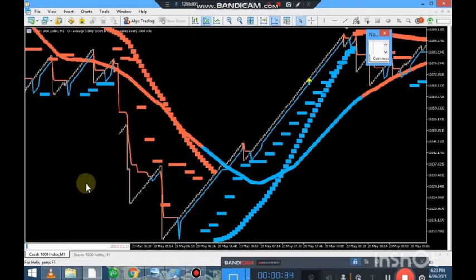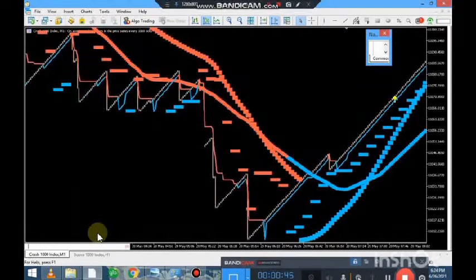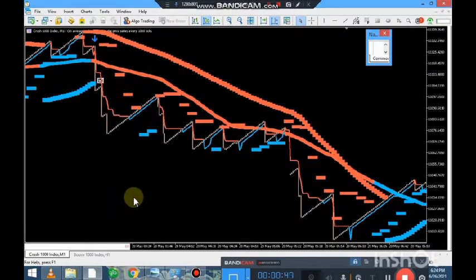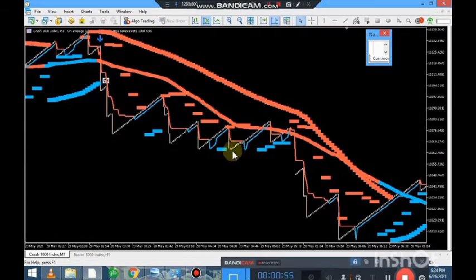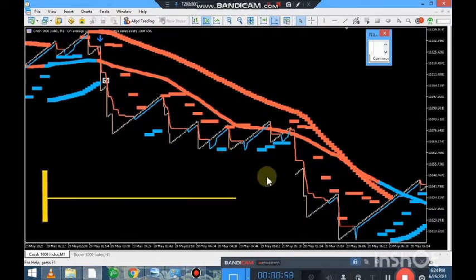The first thing for you to buy or sell is to understand what the trend is saying. Look at it. From here all the way down to this level, there has been a downtrend, and you can see there are bigger spikes.